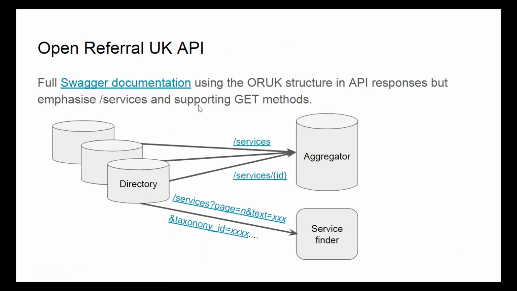But much as we've just talked about using machine-driven means of generating application profiles, we use machine-driven means of generating the query responses, the structure of the JSON that would come out of an API query, a method call, such that if you want to get services in summary, or you want to get detailed information about a service or an organization or a location, there's no ambiguity as to what that might look like.